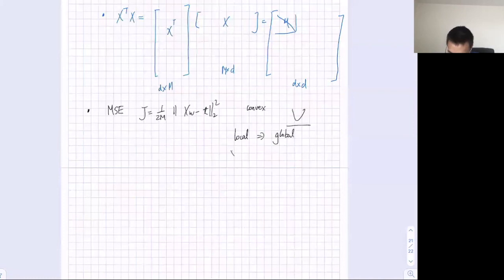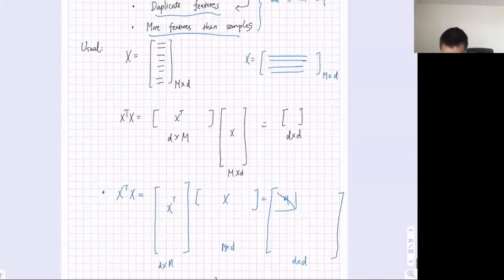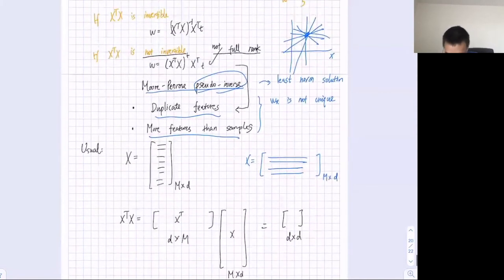Or if you have some point whose derivative is 0, then it also gives you the global optimum. Then we just compute the partial derivative of J with respect to W, and we immediately get W equals (X transpose X) inverse X transpose T, supposing it's invertible, okay?